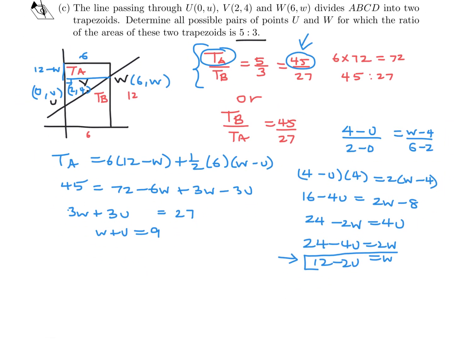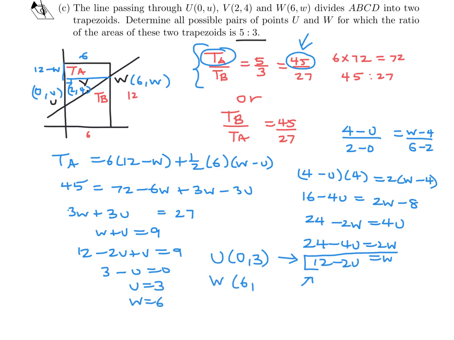So we get 12 minus 2U plus U is 9, so 3 is equal to U. So my point U is 0, 3. And then if I put U equals 3 into here, I get 12 minus 6, so W is 6. The coordinate is 6, 6.